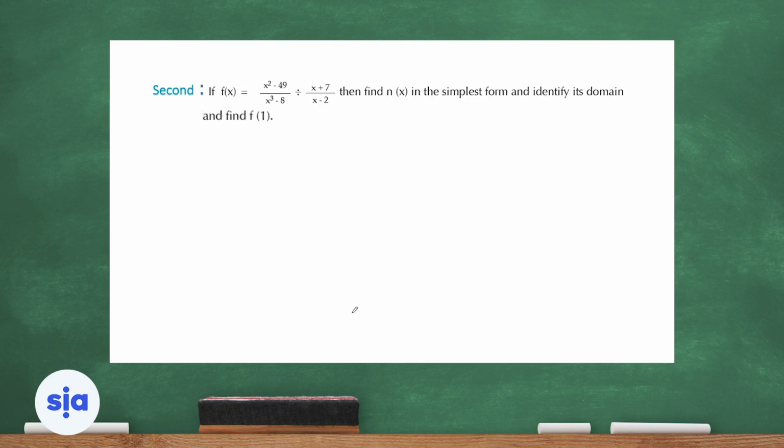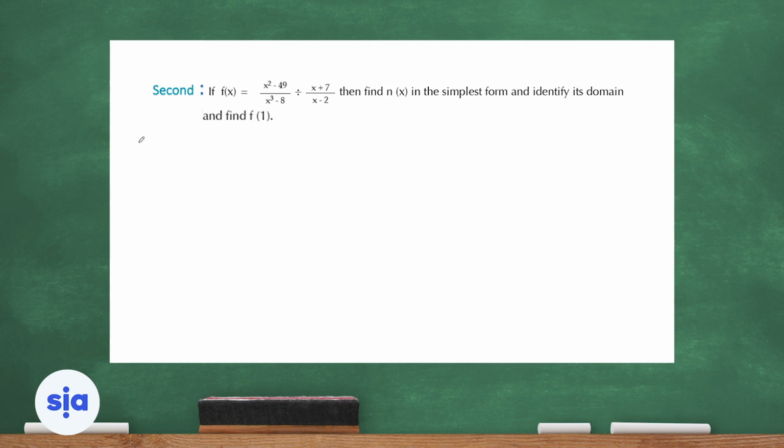Last question. If f of x equals x squared minus 49 over x cubed minus 8 divided by x plus 7 over x minus 2, find this function in the simplest form, identify the domain, and then find f of a.